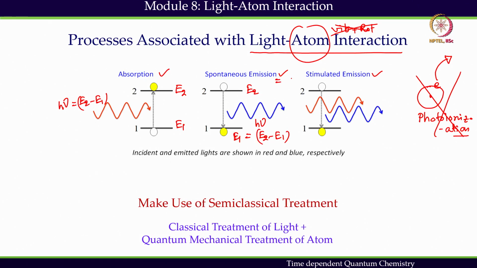An atom can emit a photon under the influence of an applied radiation field while making an induced transition from an excited state to the lower energy state. This transition will be stimulated by an external radiation, this red color radiation, and this is called stimulated emission.